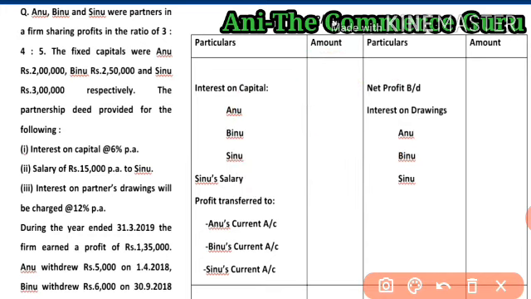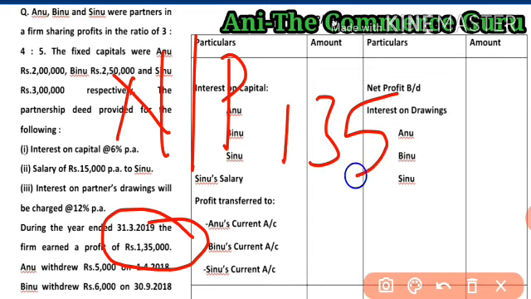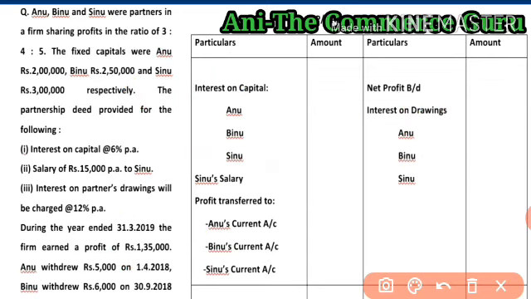Okay. Then it's given that during the year ended, the firm earned a profit of rupees 1,35,000. So the net profit is given in the question, 1,35,000. Again, here also you need to take care of one thing.